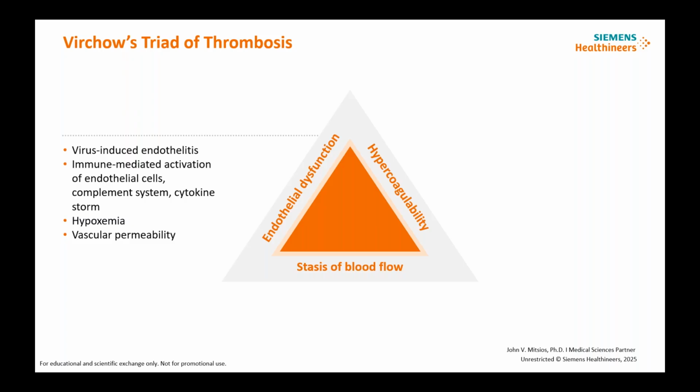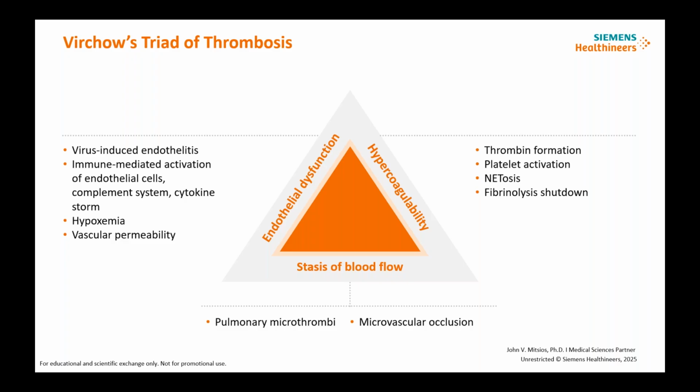Anything that results in this kind of enhanced vascular permeability translates into more of a hypercoagulable state by recruiting platelets to the area of injury, resulting in platelet activation, the subsequent thrombin formation, as well as neutrophil extracellular trap formation, or NETosis, resulting also in fibrinolytic shutdown. So anything that's now disrupting that balance, of course, leads to that stasis of blood flow, or for example, any type of microvascular occlusions, or even pulmonary microthrombi, anything that's preventing further blood flow.